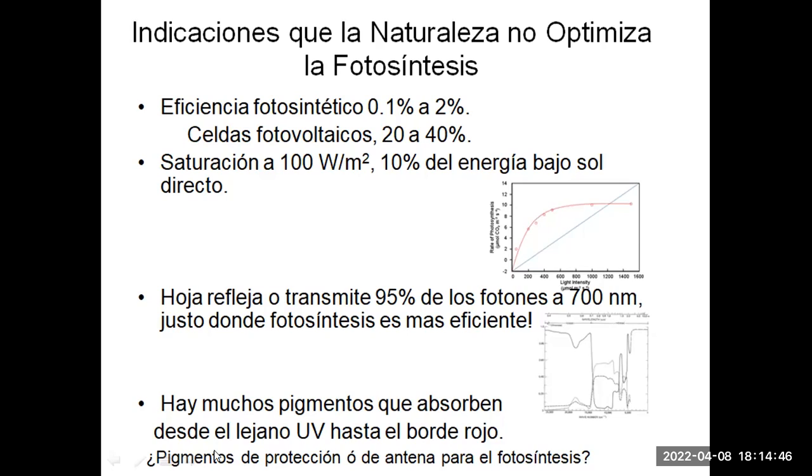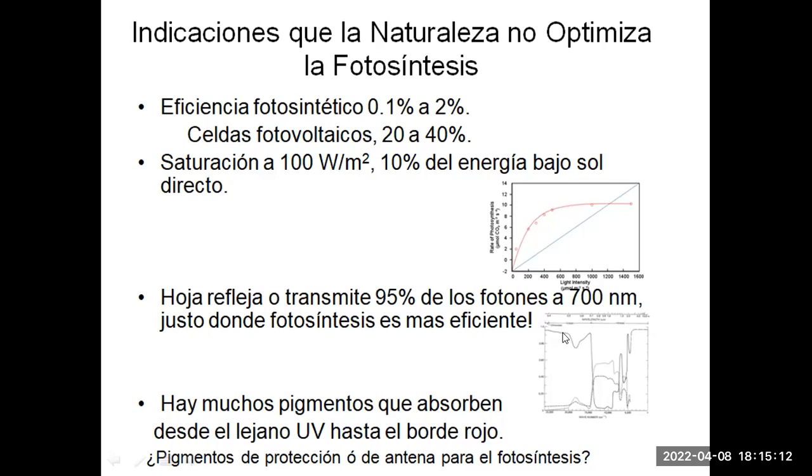But if you look into that explanation in detail, you find in fact that they are not protecting the plants, because plants can be exposed to this UV light and nothing happens to them. The photosynthetic efficiency at least does not drop. So they're not protecting the photosynthetic apparatus. Maybe some of them are being used as antenna.